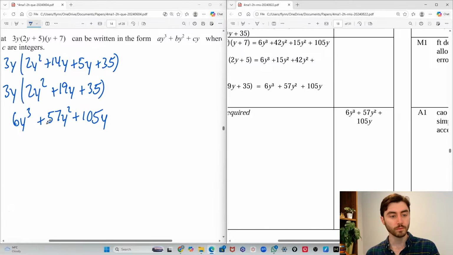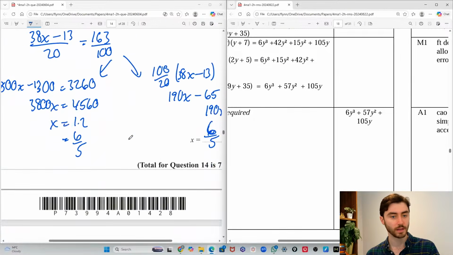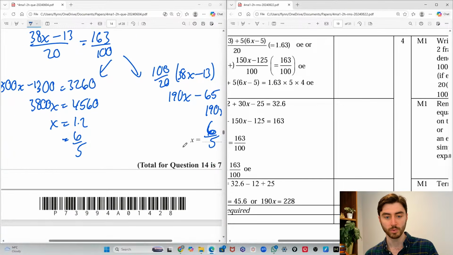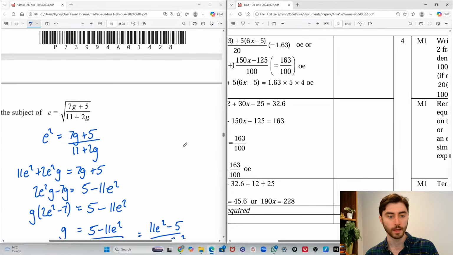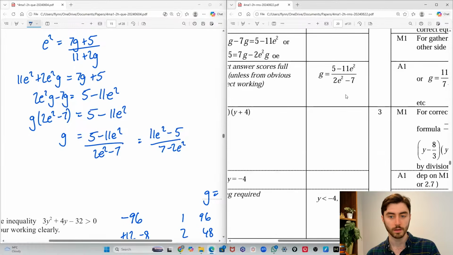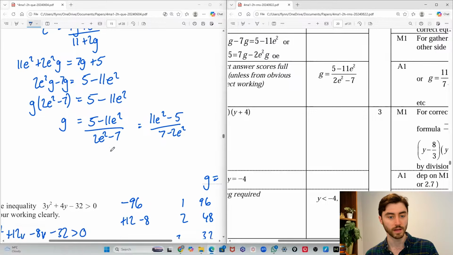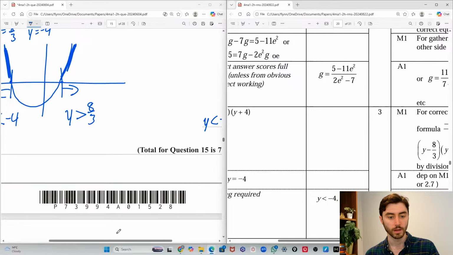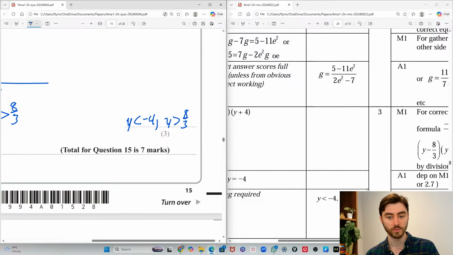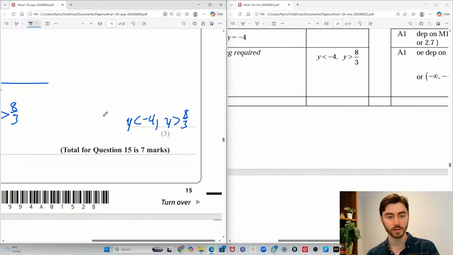So I got this right. 6 over 5, 1.2 correct. Yeah, 5 minus 11e squared. Yeah, that's correct. Y is less than 4 or bigger than 8 over 3. Good.